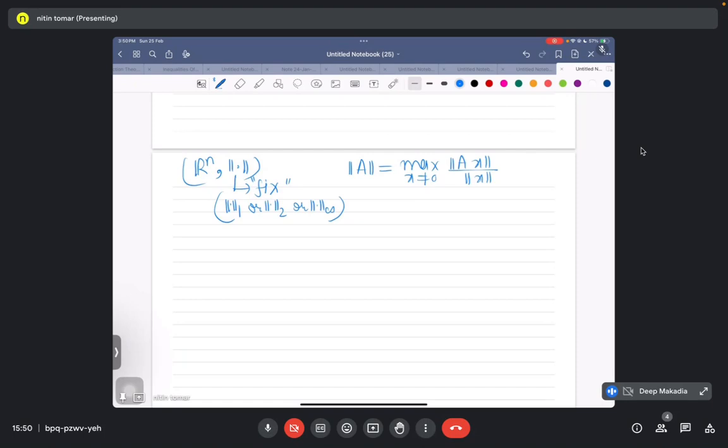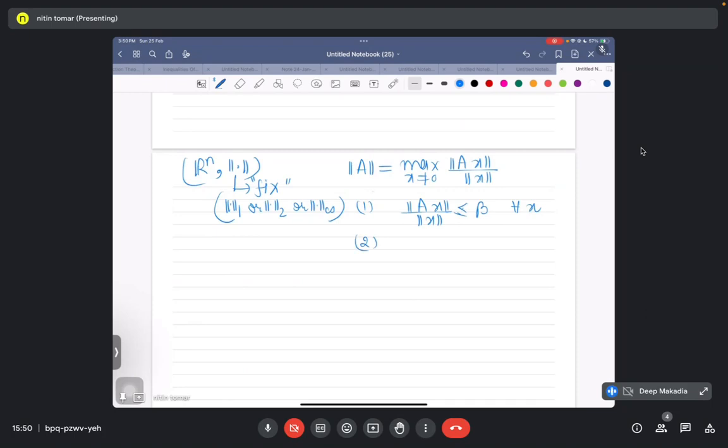Now my question was, why does this exist? If I show that this is bounded by some given number, let's say beta, for all x, then I am done. Yes, because R has the completeness property.